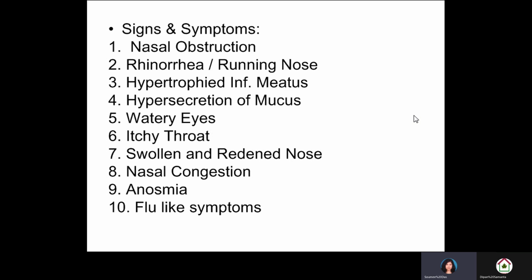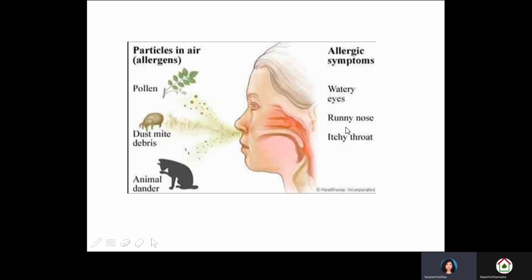So there will be anosmia, or the patient will not be able to smell something. Okay, and next is flu-like symptom. If there is any kind of inflammation, that might lead to flu-like symptoms. Okay, so here also this chronic rhinitis can lead to development of flu-like symptoms. Okay, like feverish feeling, etc., weakness, etc.